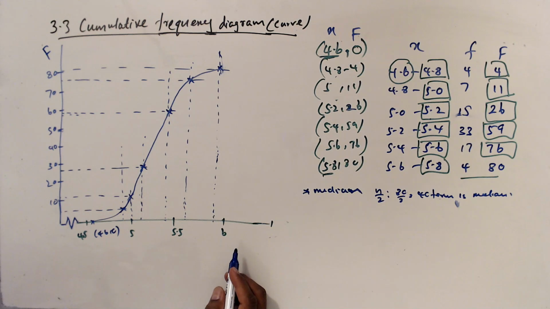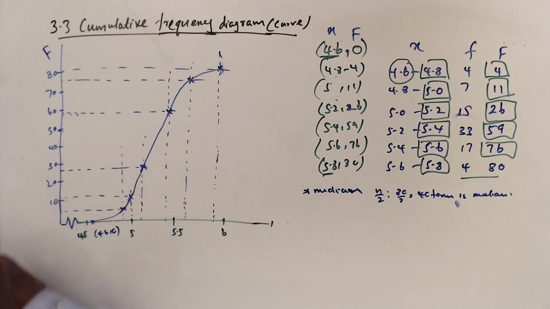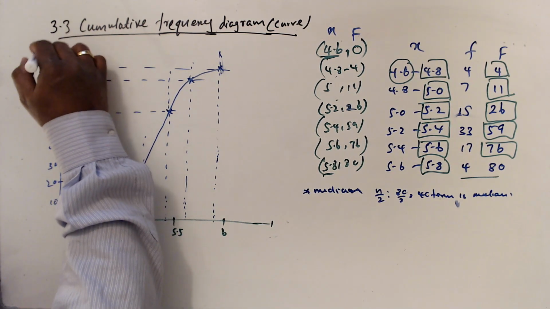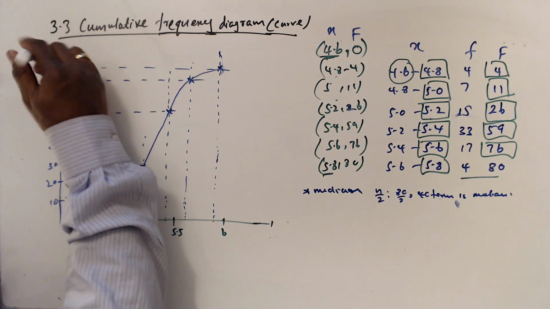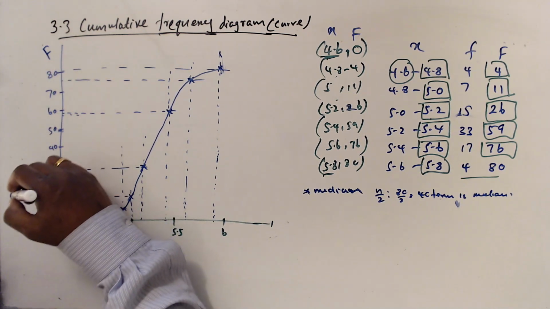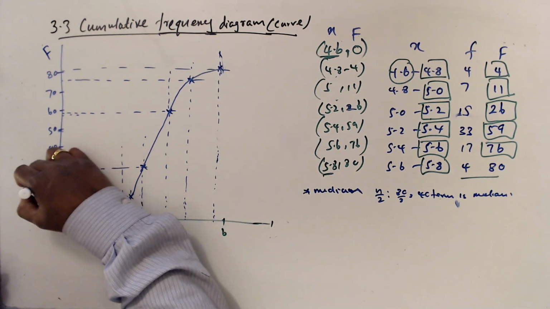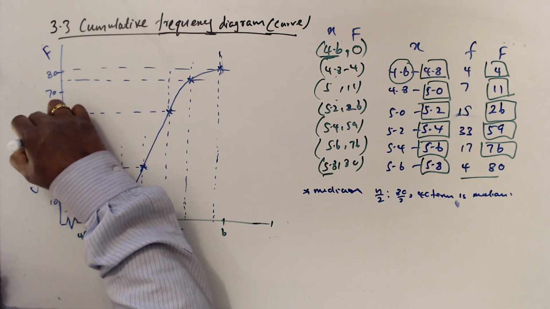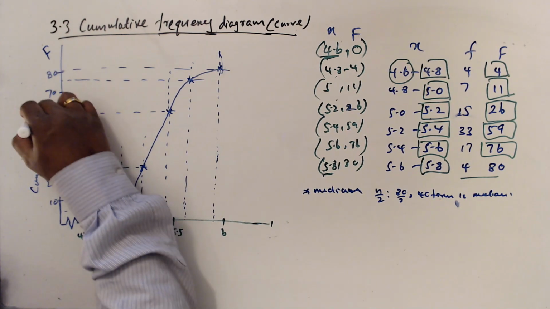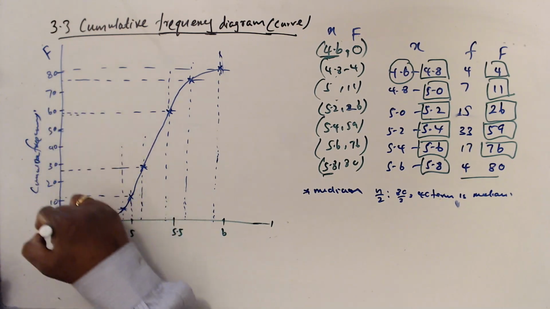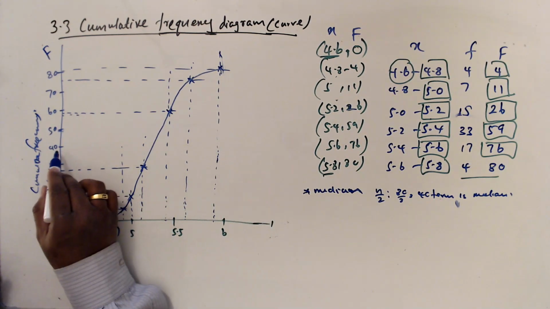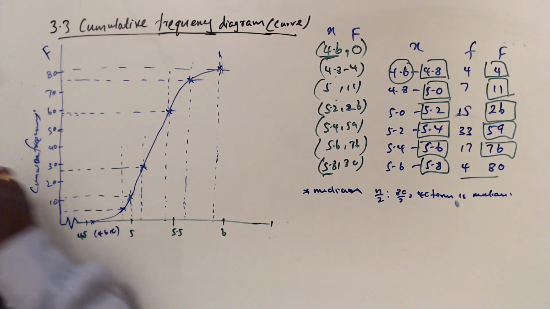So how can you find it? Those are the terms, frequency and cumulative frequency. I need the 40th term.